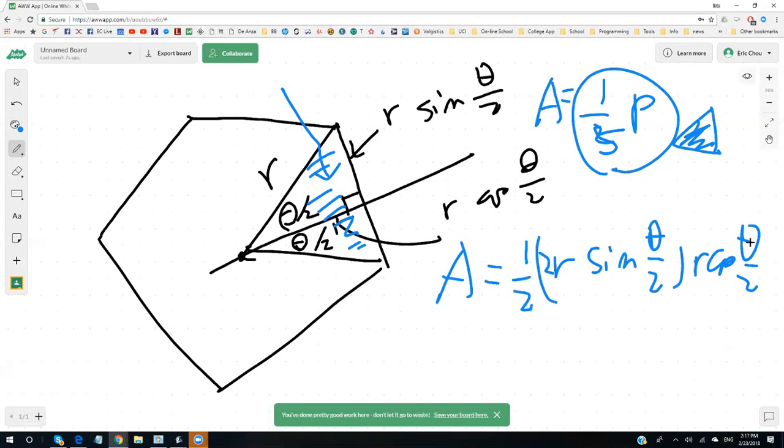So it actually will be 2r squared sine half theta times cosine half theta.